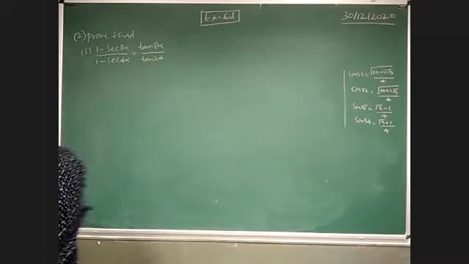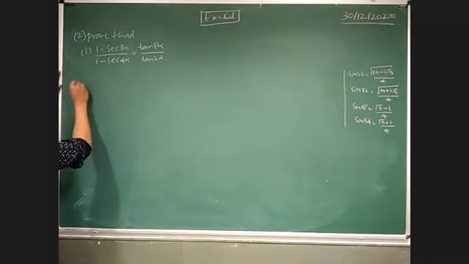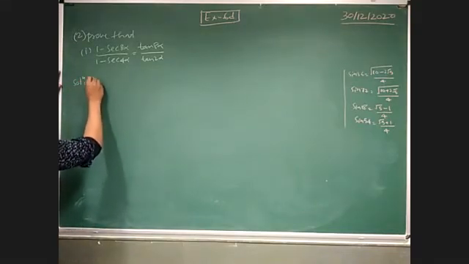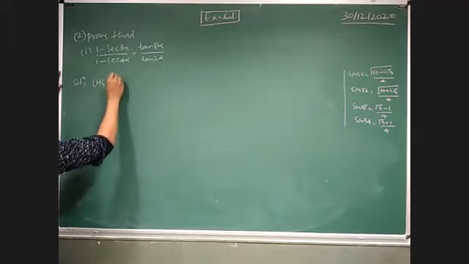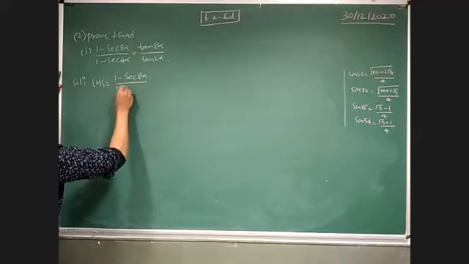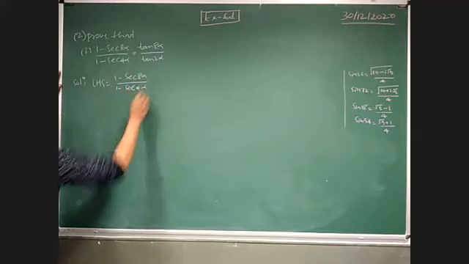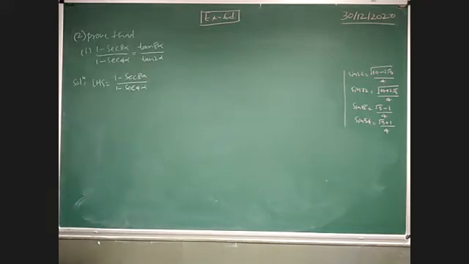Okay, so here we have to prove this. First of all, I'm going to take the left hand side, that is (1 minus sec 8 alpha) by (1 minus sec 4 alpha). This is the question.